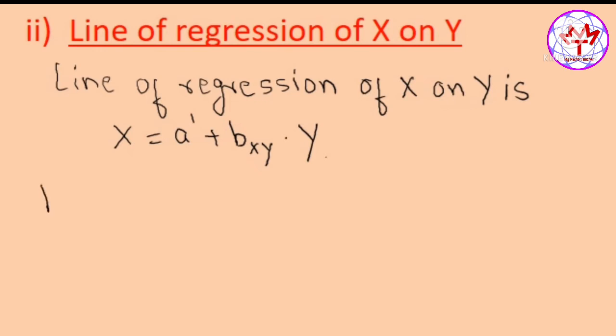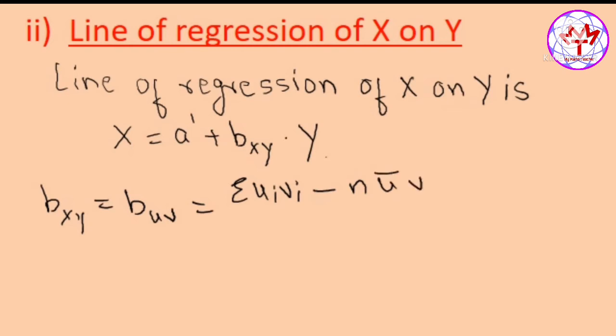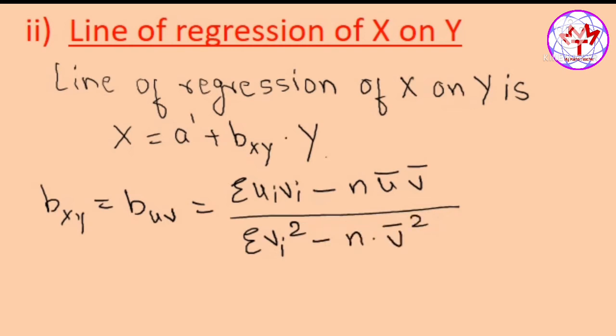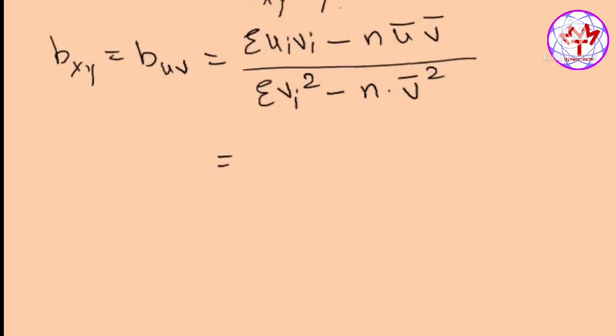Here we can write bxy is same as buv, and that is equal to summation ui vi minus n into u bar into v bar upon summation vi square minus n into v bar square. Right? Now let us substitute the values.